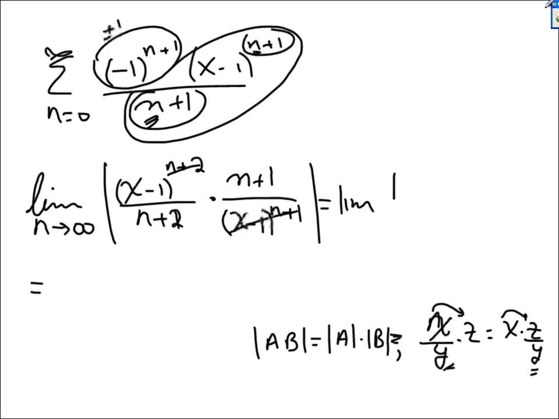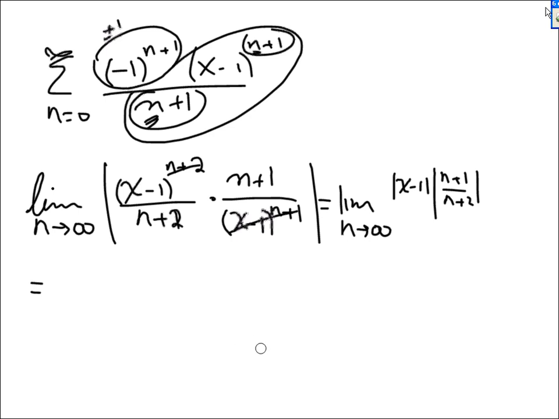So this is the absolute value of x minus 1 times the absolute value of n plus 1 over n plus 2. And limits are very, very friendly. If you have a sum, you can take the limit of the terms and then add them up. If you have a difference or a product, you can distribute.